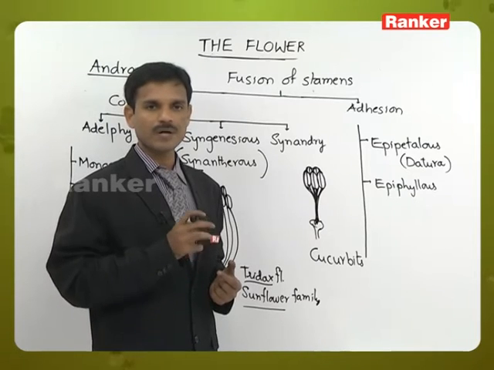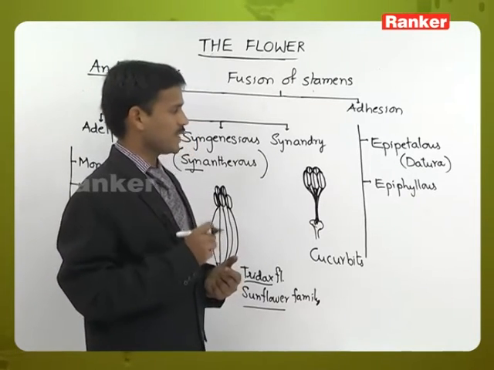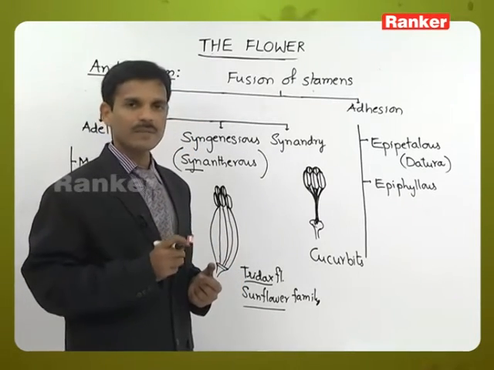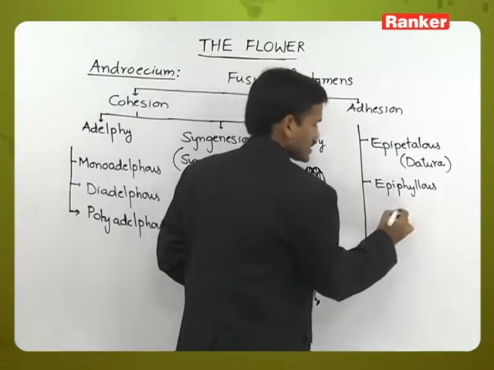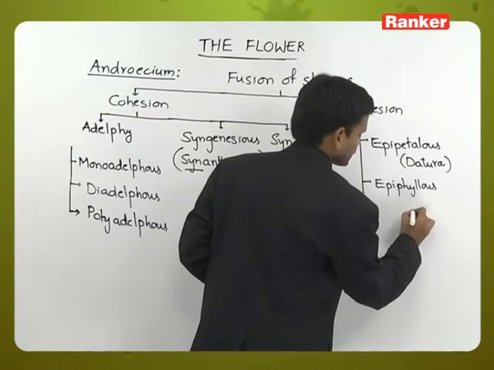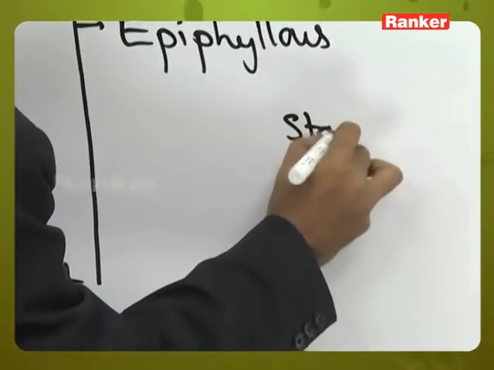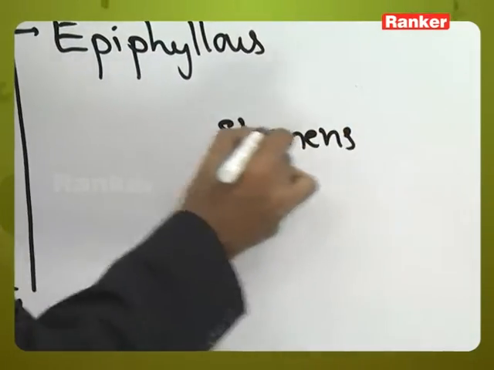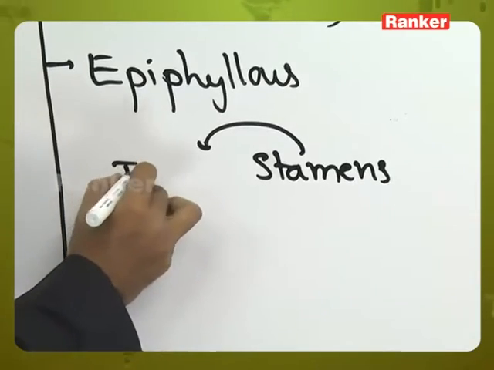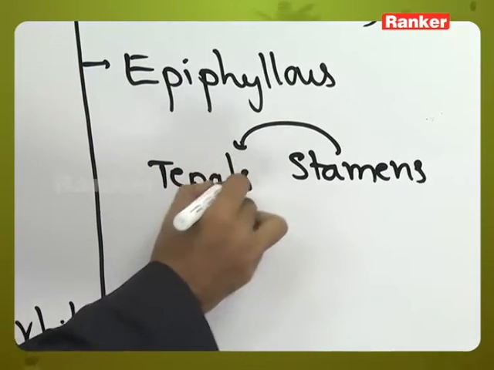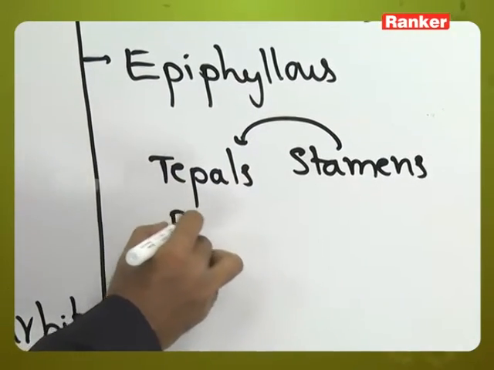So these parts are known as perianth, and the members of the perianth are called tepals. Here the stamens are fused with the tepals or perianth.